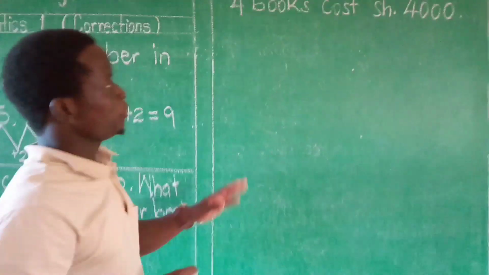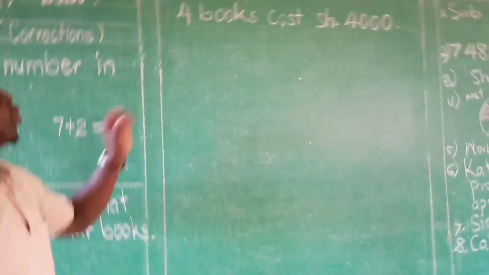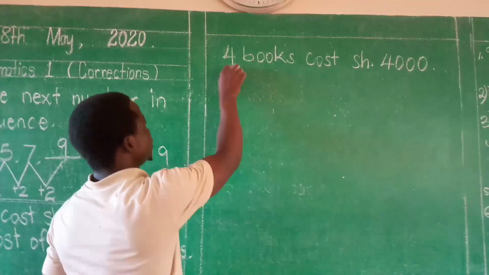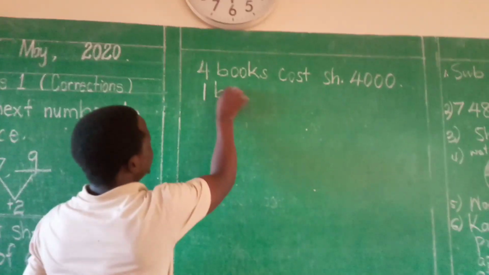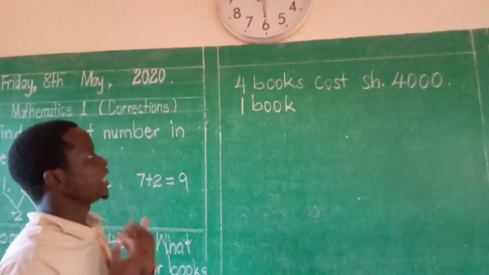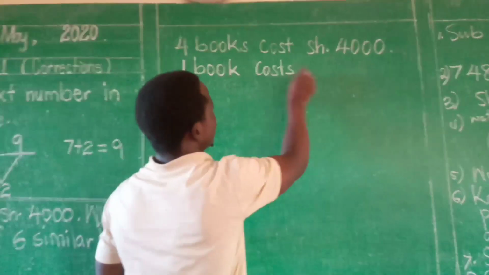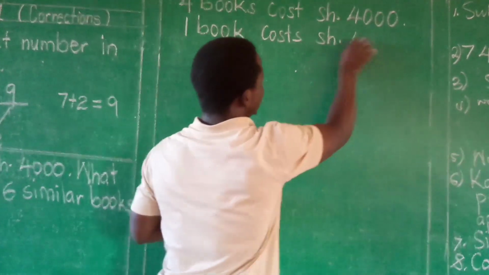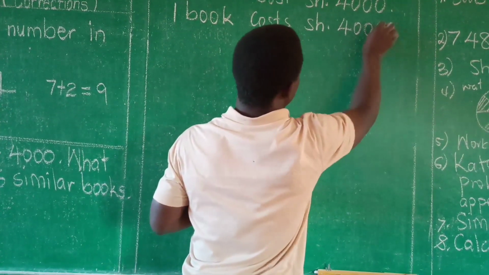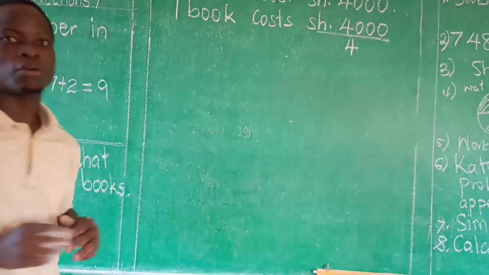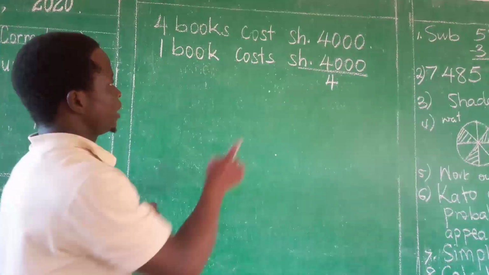Our second step will be looking for the cost of one book. If 4 books cost 4,000 shillings, how about one book? Of course, it will cost less money. So one book costs, just get the cost of the 4, then divide by 4. There we get the cost of one book. And what do we get?